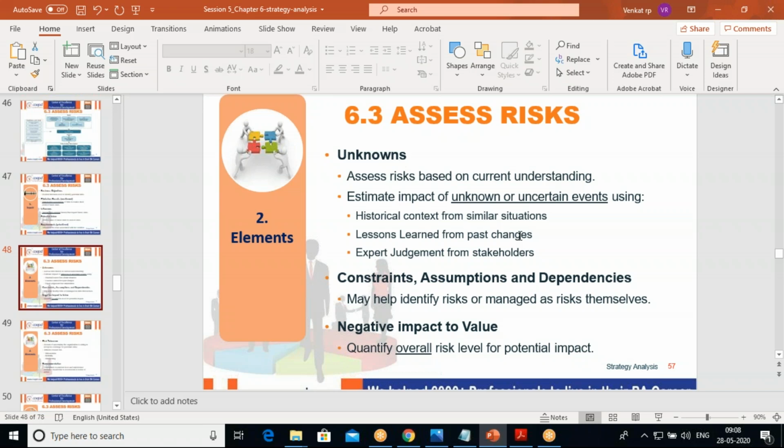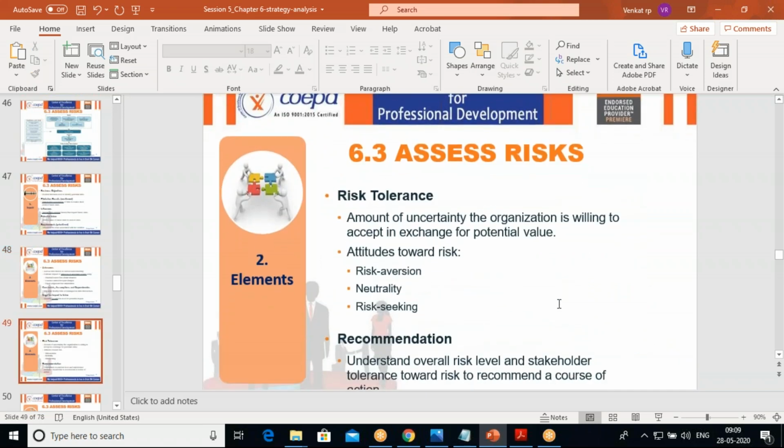And then we will be identifying the constraints. You have to consider the constraints, assumptions, and dependencies where risk can happen. And the negative impact to the value: when we are trying to do a particular thing positively, sometimes people's perspective may change, and they may consider it to be negative as well. So we have to understand that particular area, right?